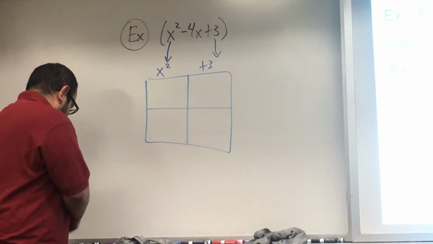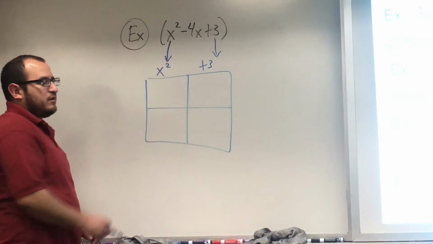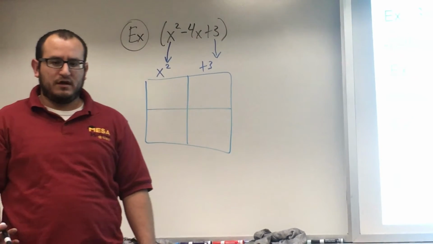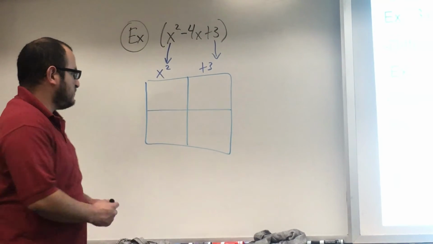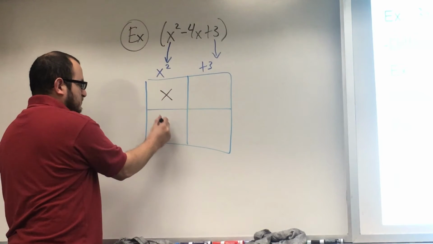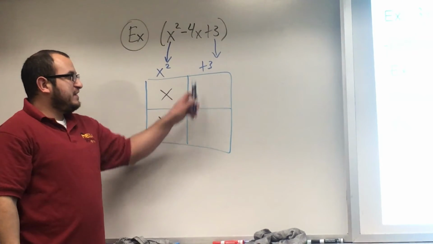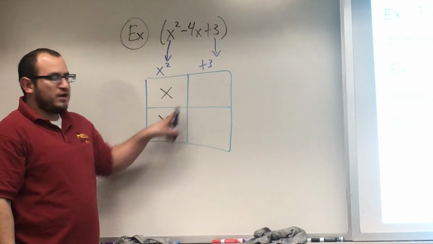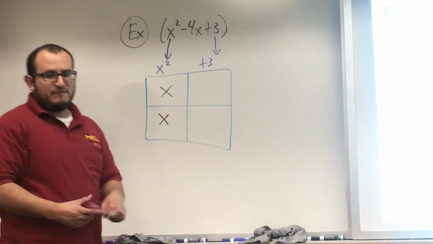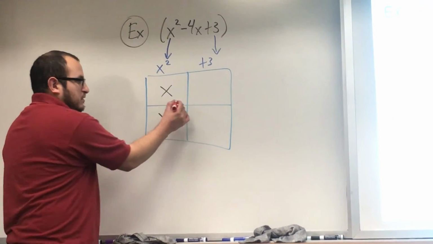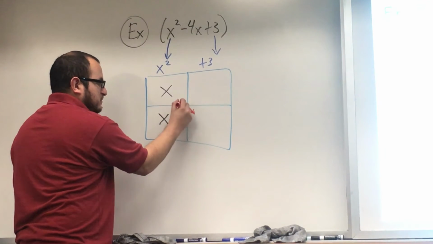All right, x squared. How do you get x squared? Okay, x squared is x times x. How do you get positive 3? So when you cross multiply, sorry, if you've never seen the box method, we're going to cross multiply.